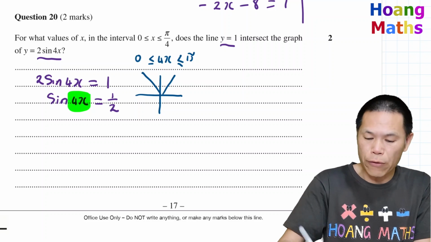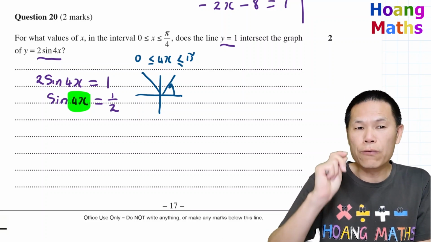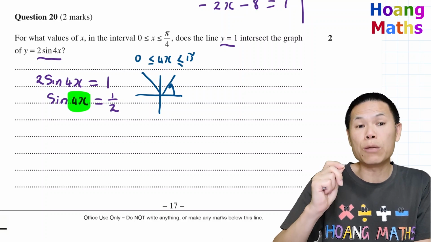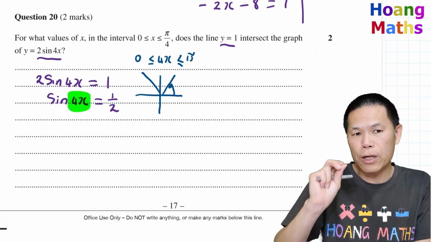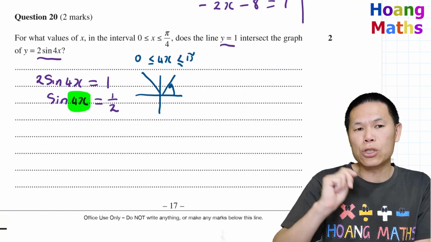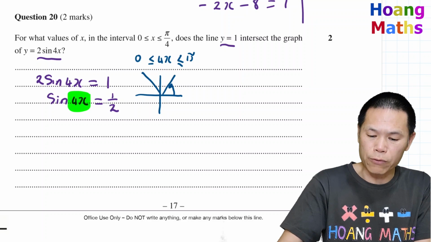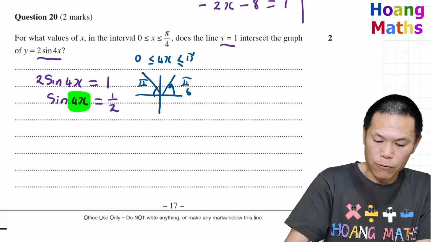And to work out the reference angle, we just go inverse sine of 0.5. So inverse sine of 0.5 should give me pi over 6. Otherwise, you can just use your calculator. Inverse sine of a half should give me 30 degrees, and just convert to radians. So it should give you pi over 6. Okay, so that's pi over 6, pi over 6.